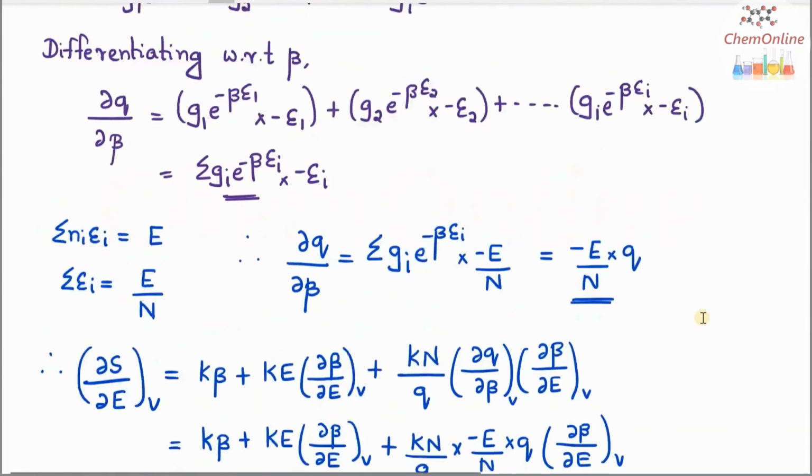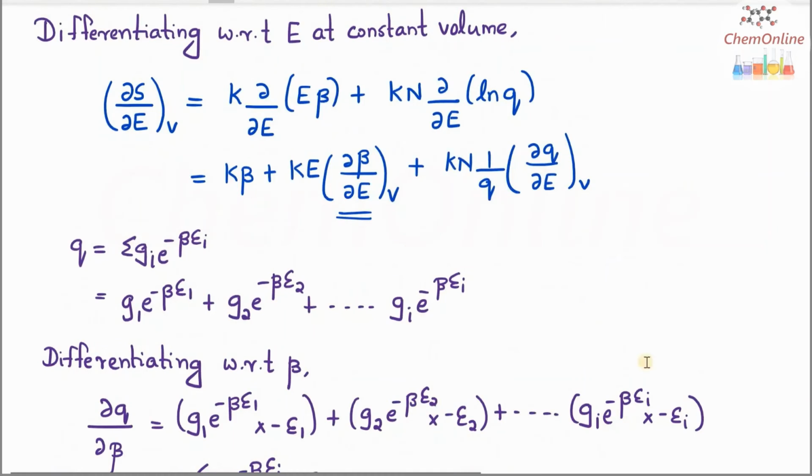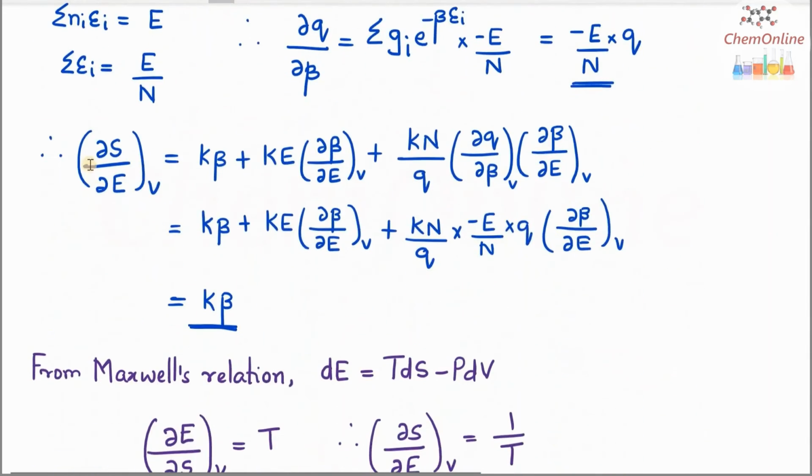Now substituting in ∂S/∂E at constant V. So ∂S/∂E at constant V will be equal to kβ + kE ∂β/∂E at constant V + (kN/Q) into, we have ∂Q/∂E, which is written as ∂Q/∂β at constant V into ∂β/∂E at constant V. Now here substitute for ∂Q/∂β, which is -(E/N) × Q. So that is written here.